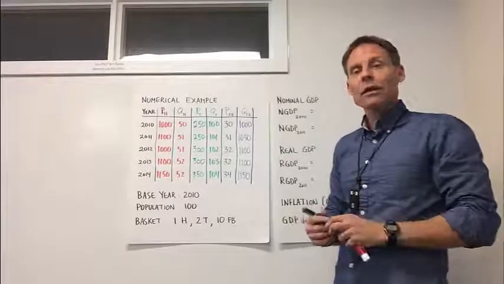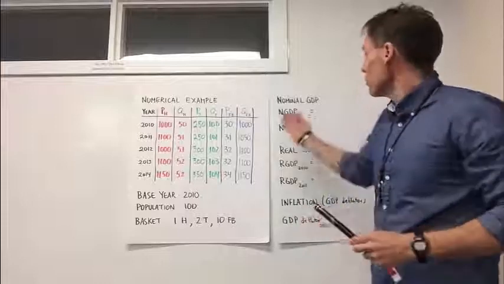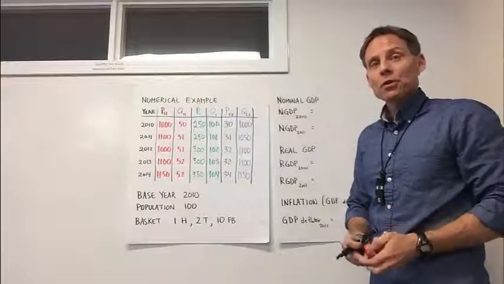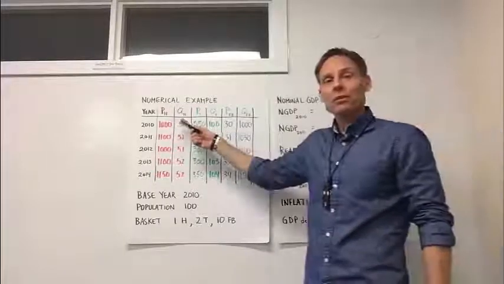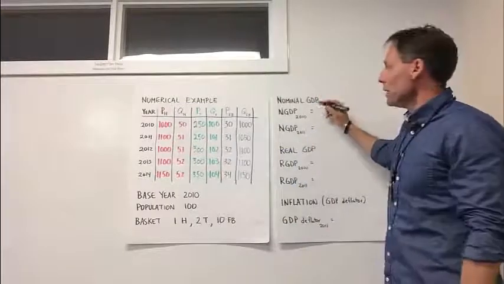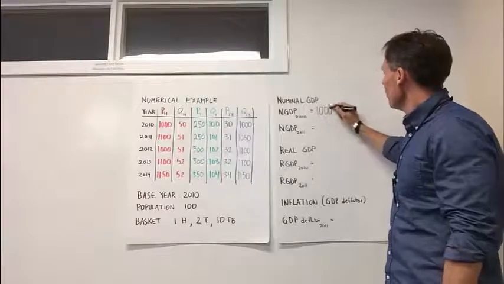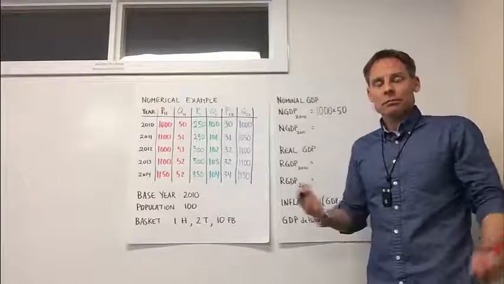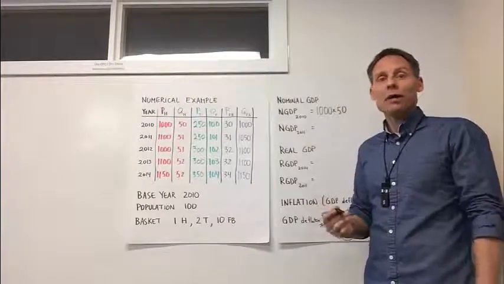Okay, let's calculate nominal GDP for 2010. When you calculate nominal GDP, you use current prices and current quantities. So it will be equal to, this is how much the economy spends on housing.